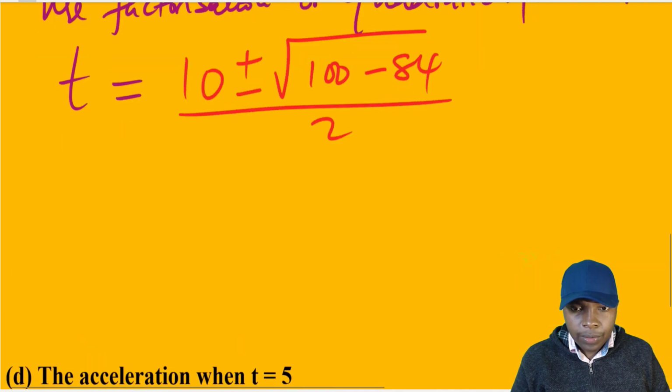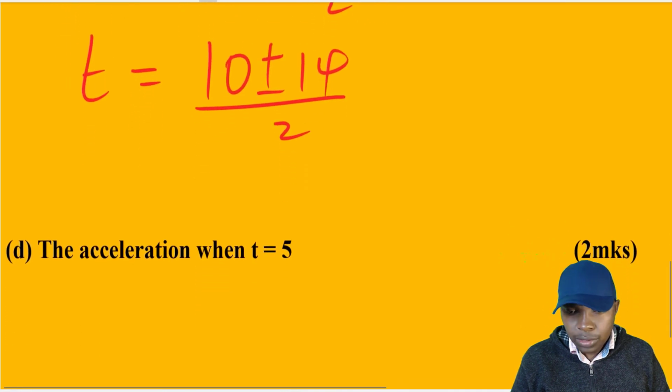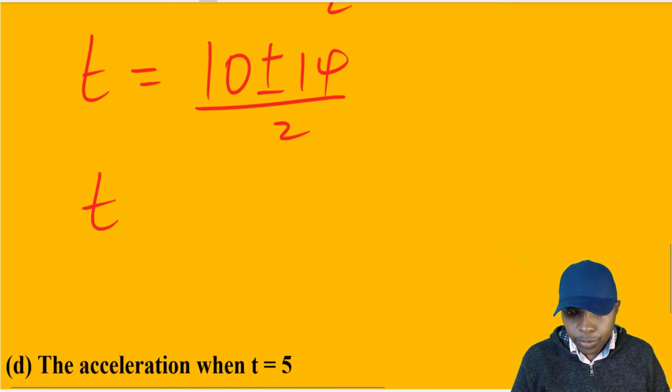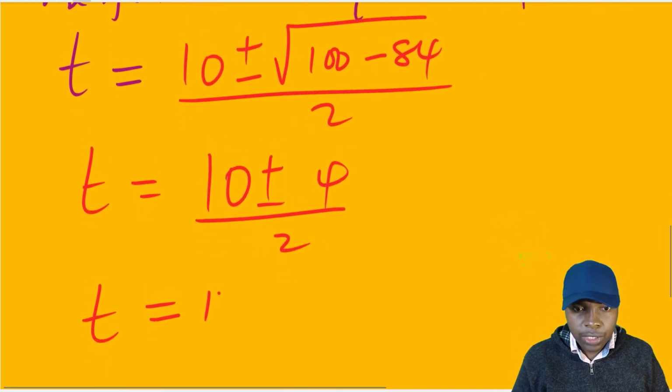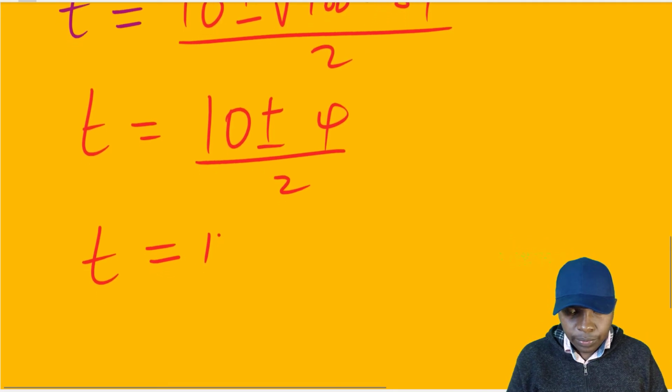Working this out, t equals 10 plus or minus the square root of 16, which is 4, divided by 2.